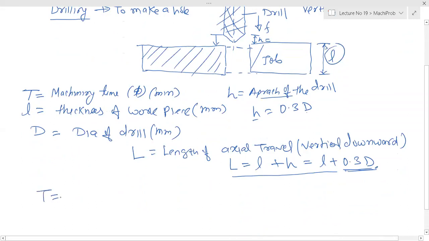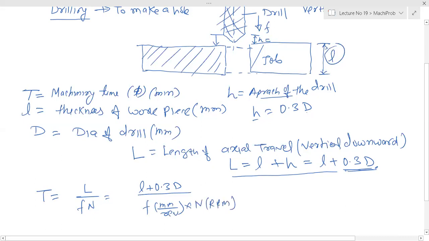So machining time, you know, is length divided by F N. So it is (L plus 0.3 D) divided by F, in millimeter per revolution, times N, in RPM, and this is in millimeter.